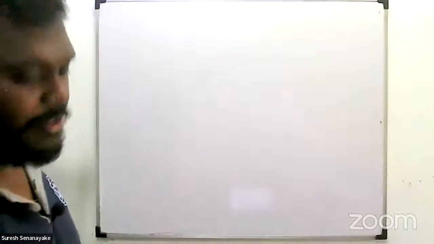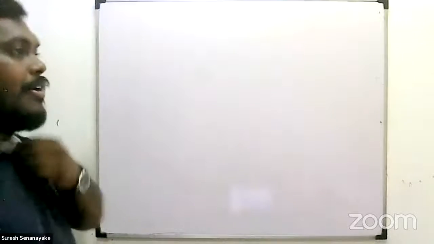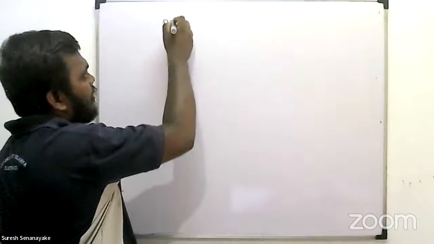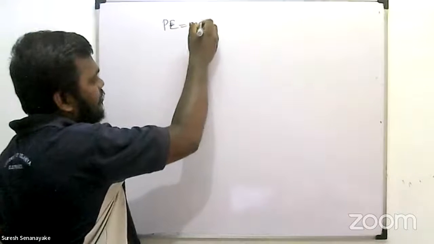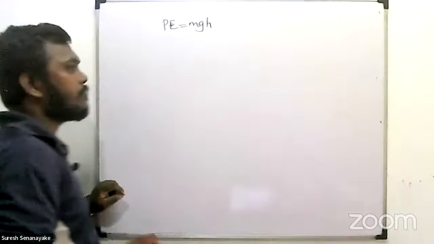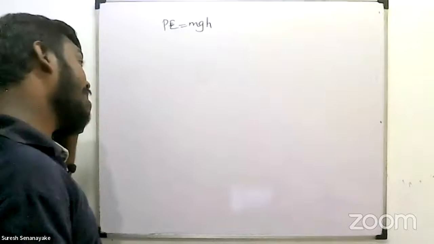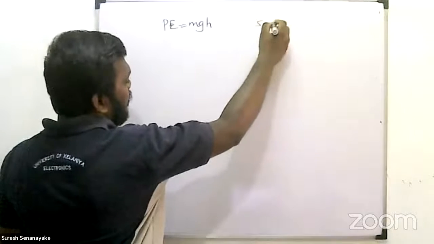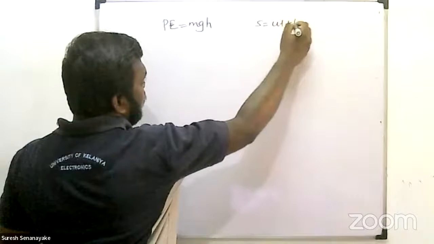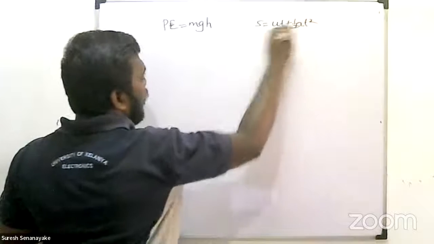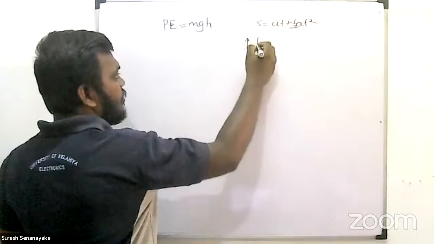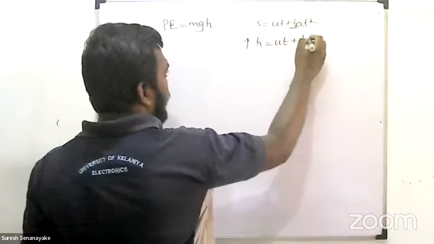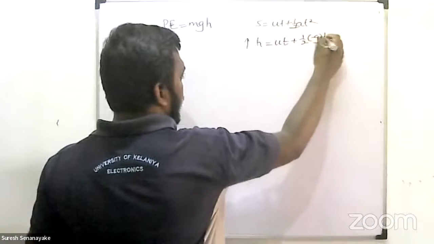How you can draw it with the time: the potential energy equals mgh. You can write this in terms of time at a particular height. You can use s equals ut plus half a t square, so the height h equals ut minus half g t square.